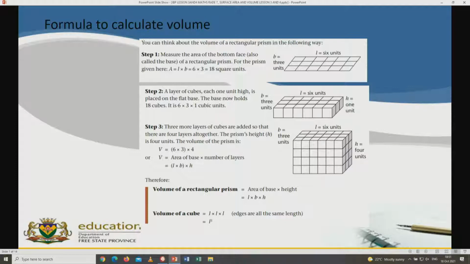All in all, when we found the area, it was 18 square units. On top of those squares now, I put some cubes with a height of 1 unit, and therefore I'll have 6 times 3 times 1. The 1 is what? It is the height. But remember, the first part, that is the length, and the what? The breadth.